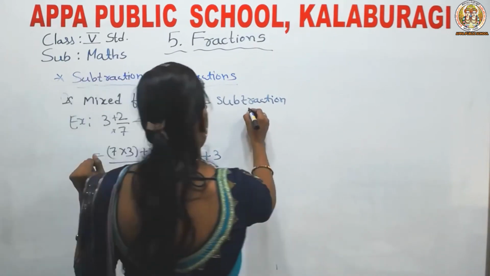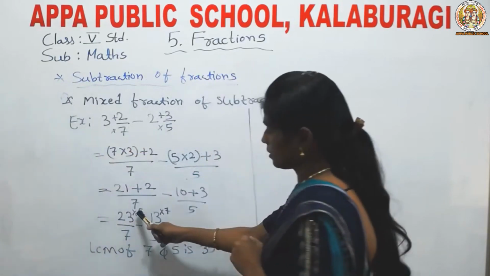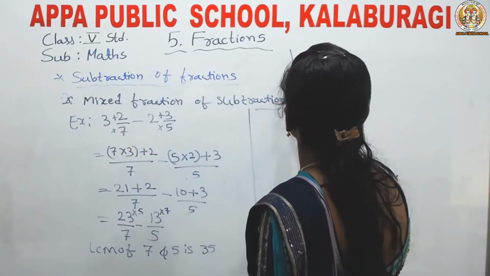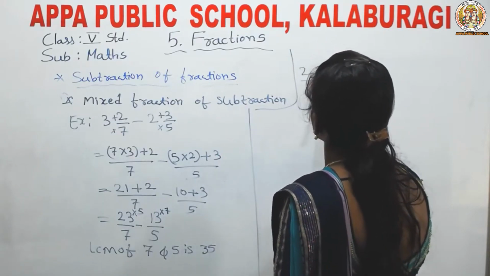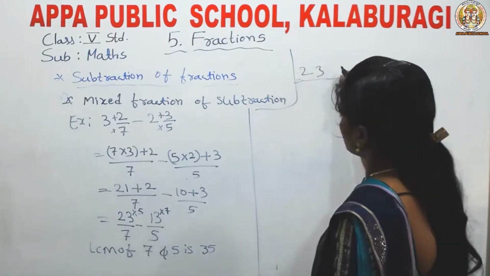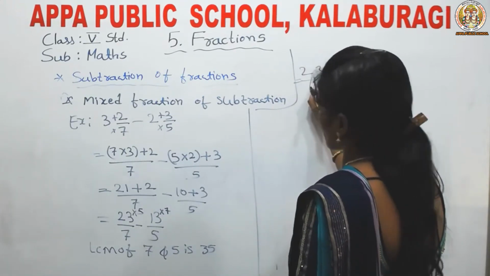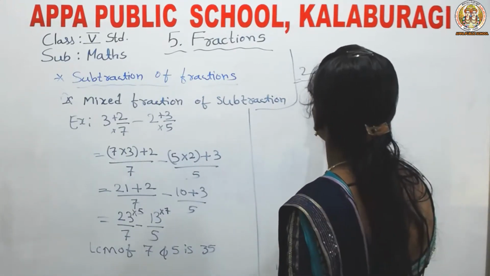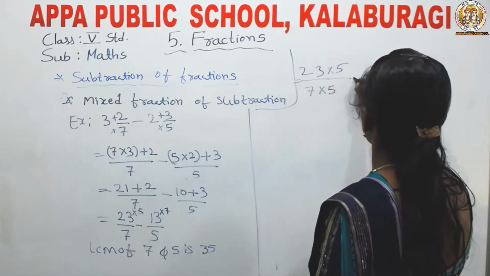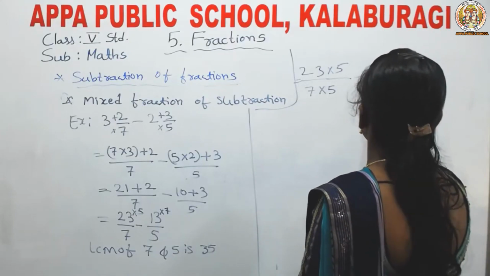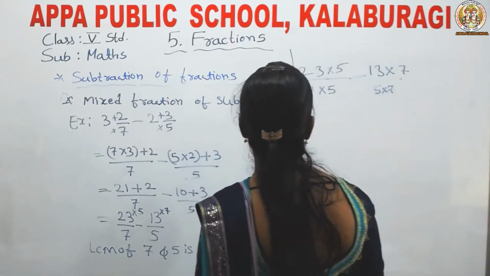Now multiply the numerator and denominator. That is 23 into 5 divided by 7 into 5 minus 13 into 7 divided by 5 into 7.